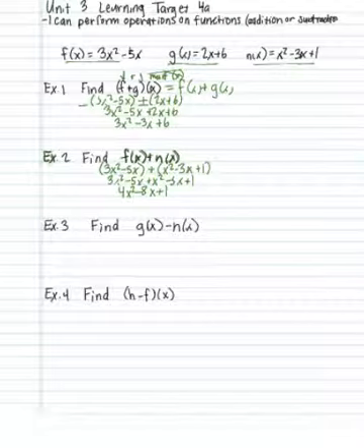Example 3 says find g of x subtracting h of x. So we're going to do exactly what we did before. We're going to write down g, but instead of putting a plus sign, we're going to put a minus sign because we want to subtract these things. So we've written down g of x, a subtraction in the middle, and then h of x.